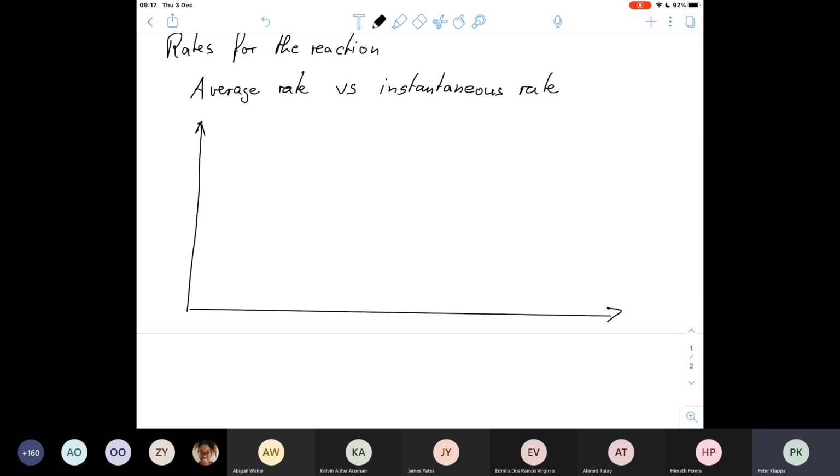So let's say I want to travel from Canterbury to London. Okay. And I start at, say, 3 p.m. How far is it from Canterbury to London, roughly? Does anyone know?